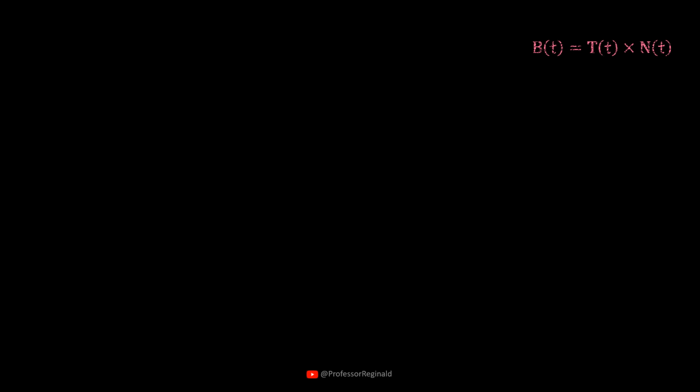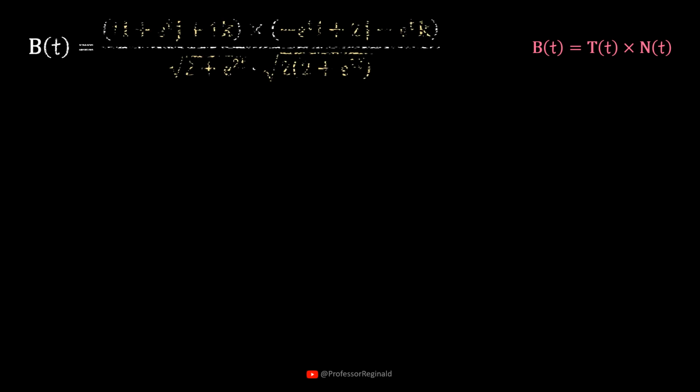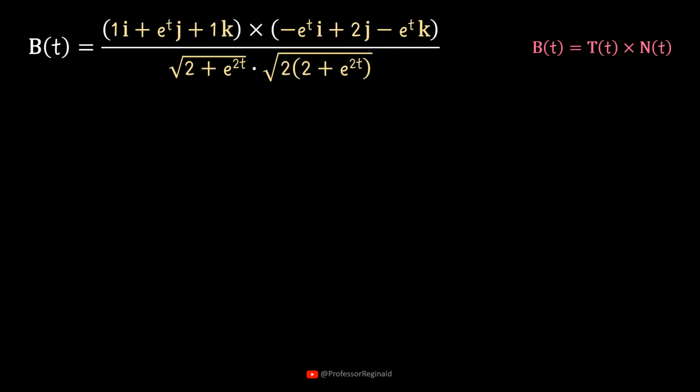The binormal vector can be computed using the cross product of the unit tangent and the unit normal vectors. We can write the cross product in this way because every component of the cross product will be divided by the same factors anyway.